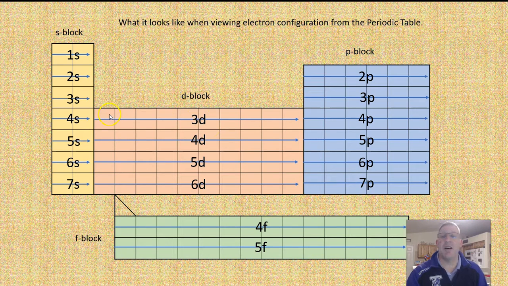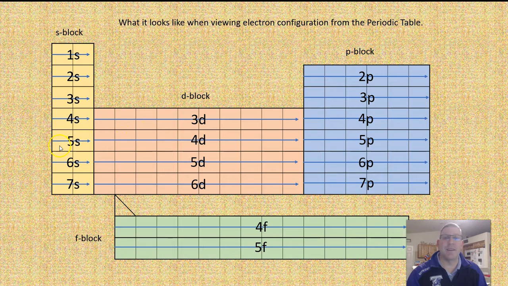There are 10 columns in the D block, therefore we can fit 10 electrons into the D sublevel. We have 1, 2, 3, 4, 5, 6, 7, 8, 9, and 10. Then we jump back out to the 4th energy level, P sublevel. Once again, 6 electrons can fit in there. So this would find a home for 36 electrons once we get all the way out here to krypton.